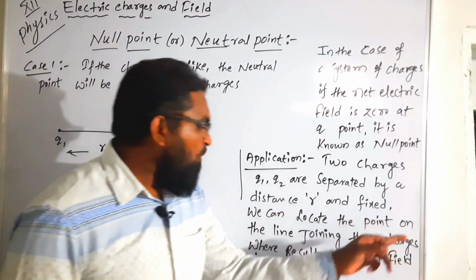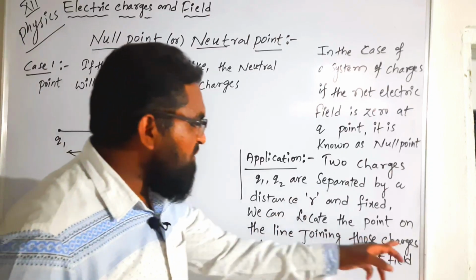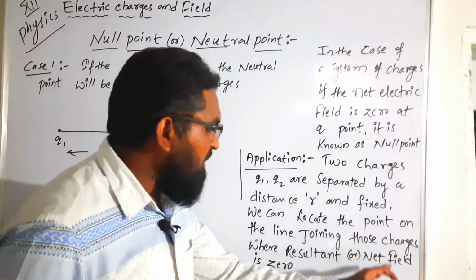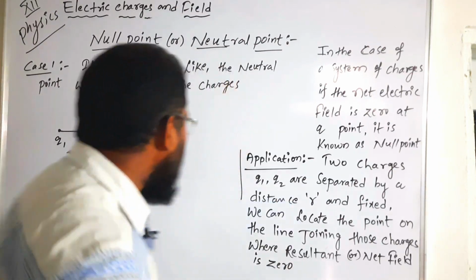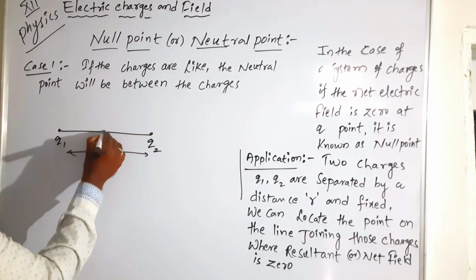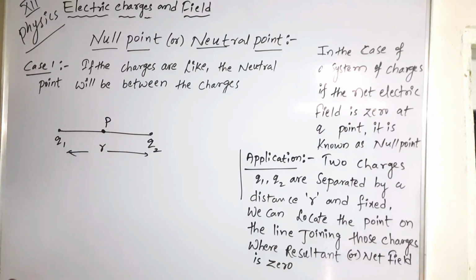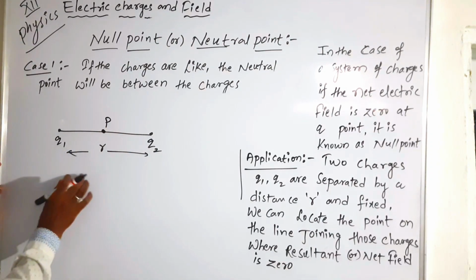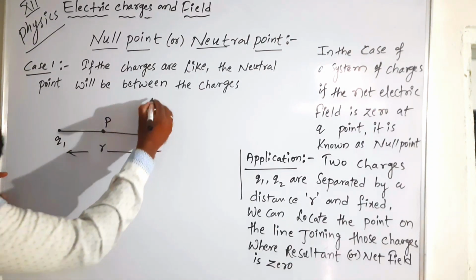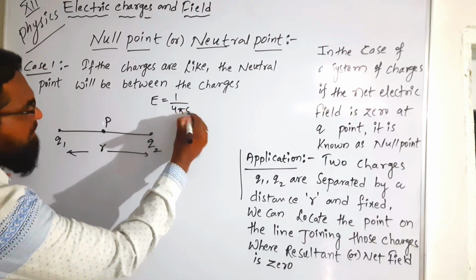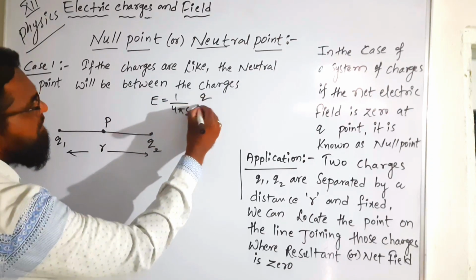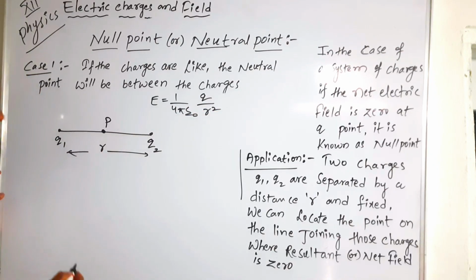We can locate the point on the line joining those charges where the resultant, the net electric field, is zero. Net electric field at point P, clear students? Now basically the electric field definition: E is equal to 1 by 4 pi epsilon naught times Q by R square. We know this already derived electric field definition.